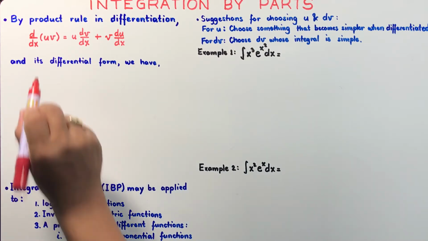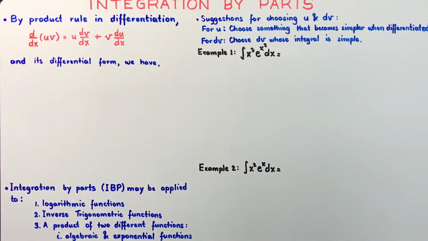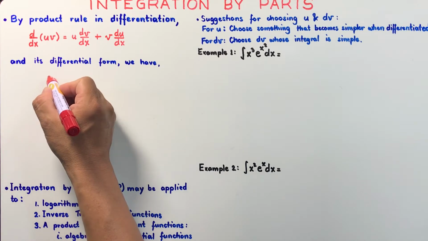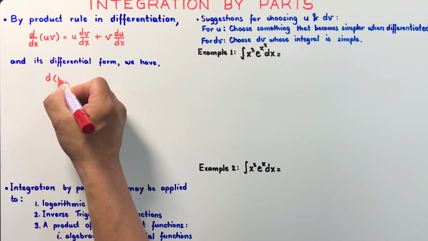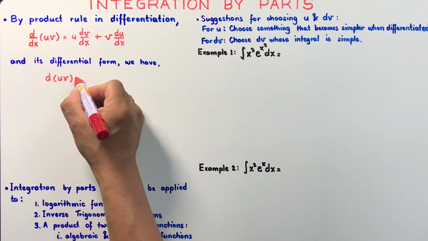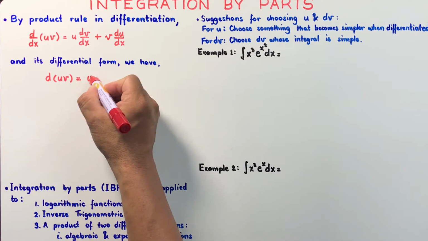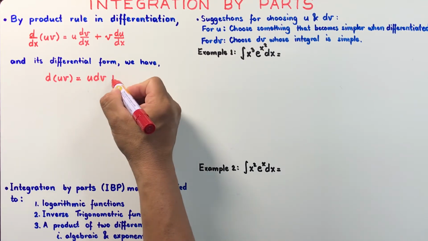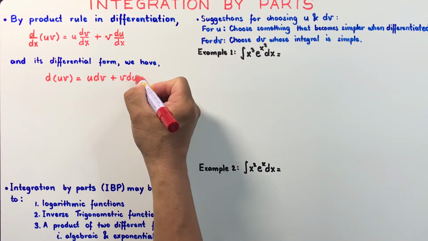If we want to convert this to its differential form, we have the differential of the product of two functions, d(uv), which is equal to u dv plus v du.